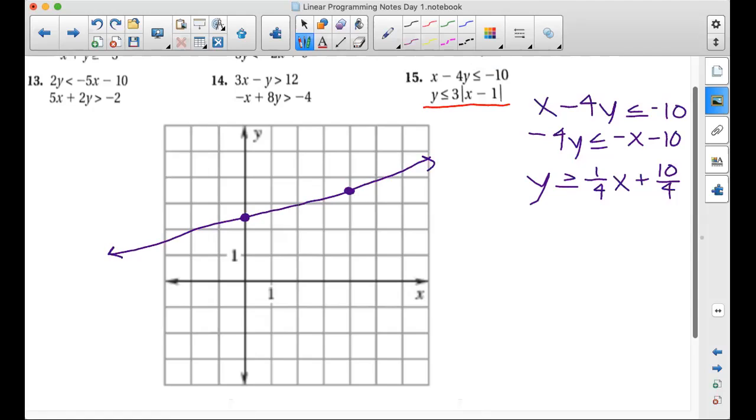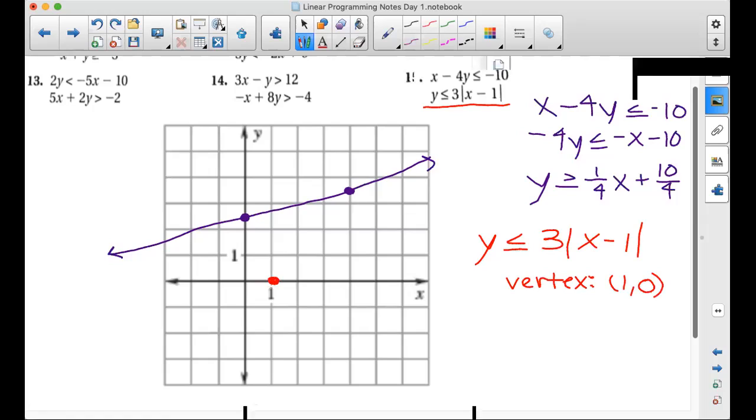All right, so now let's graph our absolute value. So what would our vertex be for y less than or equal to 3, x minus 1? What's our vertex going to be? Jaden? 1, 0. Good. Because this negative is part of that formula.